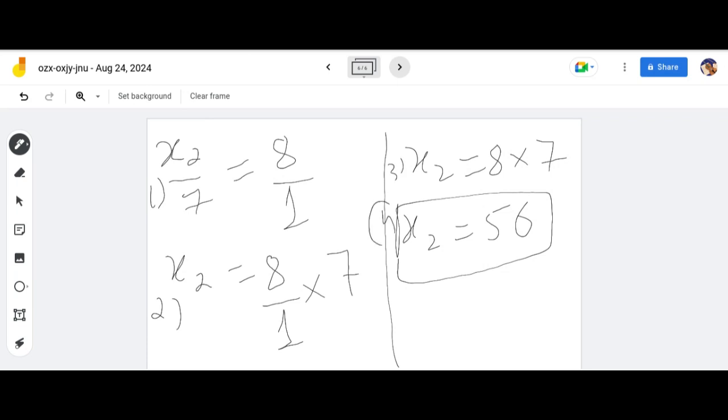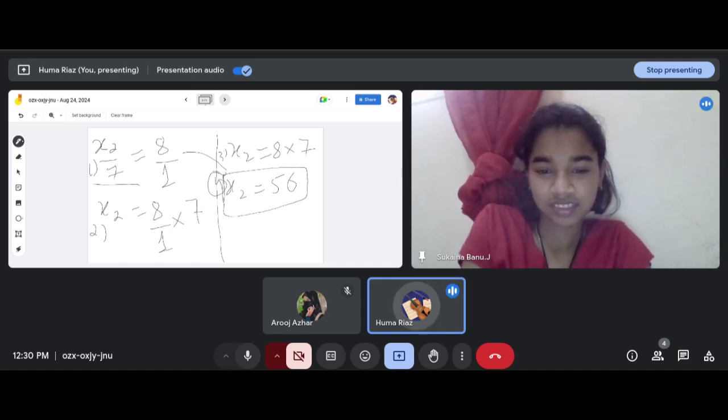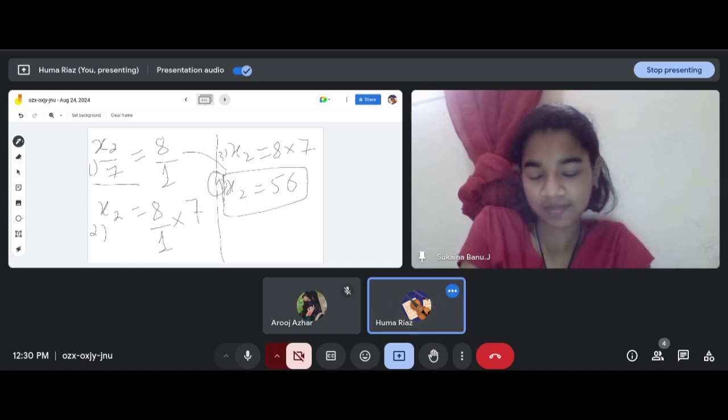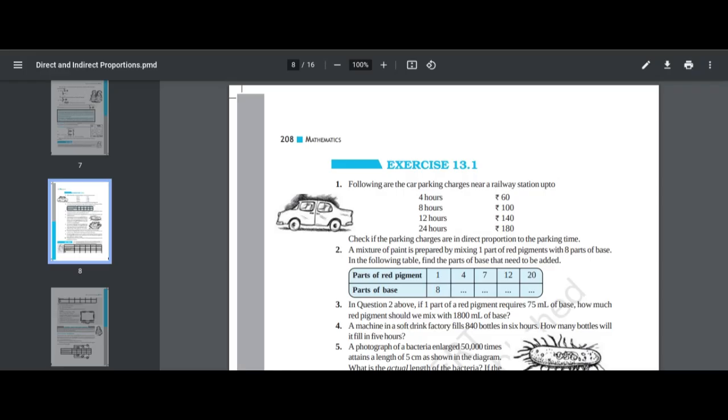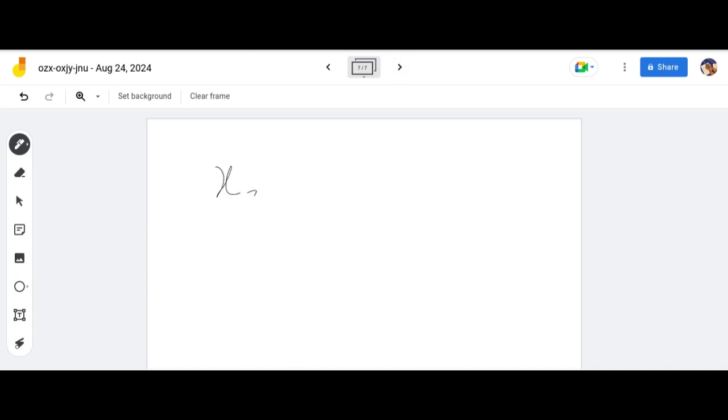If you just do these two steps directly, do you think they will give you 4 or 3 marks? No, they need a proper calculation, proper solving method and steps. So that's why you have to solve by each method and steps.